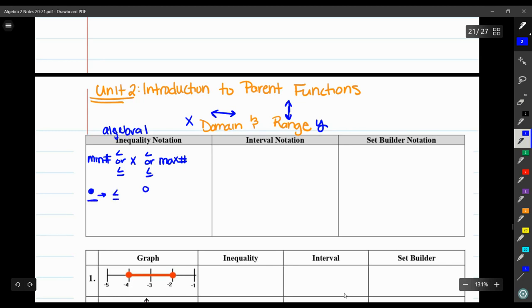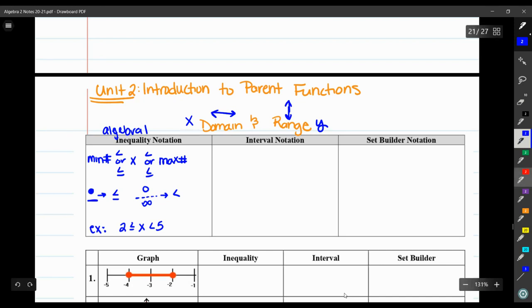If you had an open circle, a dashed line, or an infinity, you used a less than. So here's an example of what it would look like. An example from last year may have been 2 less than or equal to x less than 5. That could have been an example of some function's domain.